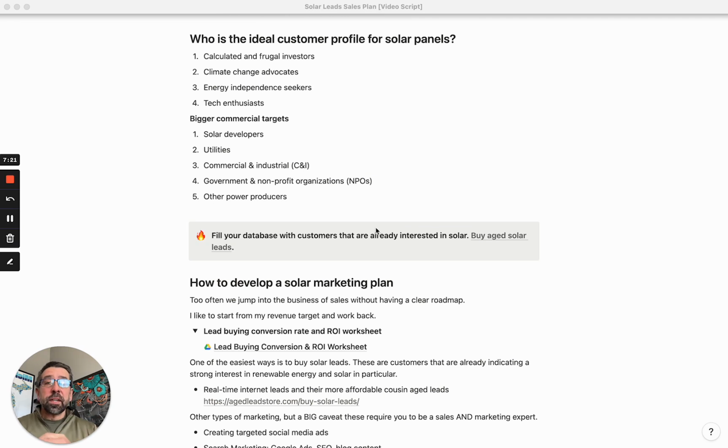Figure out what that is, figure out how you can be a part of helping them achieve that, right? Commercial, industrial, government, nonprofits, these are big organizations that are always being asked to cut cost. And so solar could be part of that equation, or invest in sustainability, which again has become sort of a political hot button, right? So all of these things factor in, and of course other power producers.